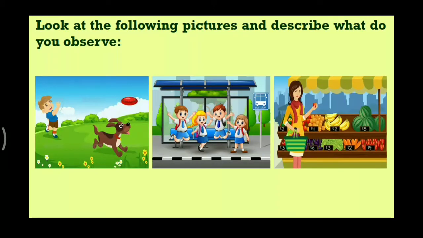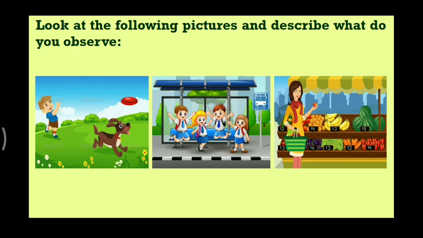Here look at the following pictures and describe what you observe. You can see there are so colorful pictures and you have to observe them minutely. And tell me, what are the things you can see? Think over it.